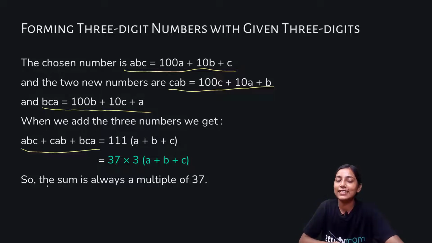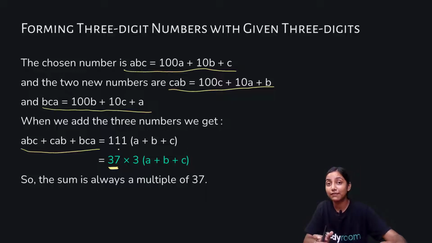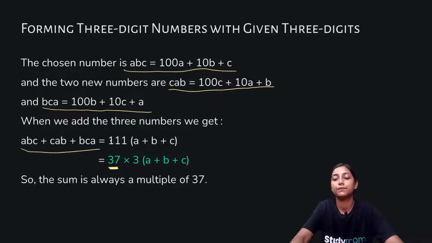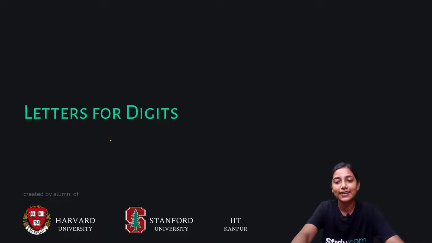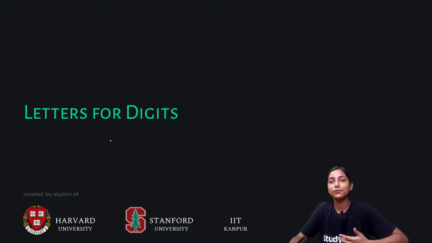And yes, you can say that the sum is always a multiple of 37, because 37 can be taken out common from this whole sum. So this sum will always be a multiple of 37. This is how we saw it. So this was all about these games with the numbers part 2.